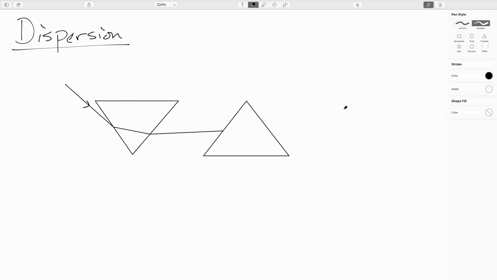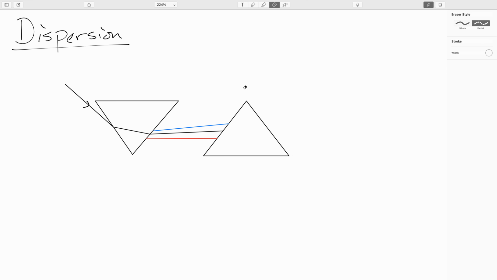Now, coming out, you notice that it's no longer just pure white light, but you've got this spread of colors here. You've got the blues up here and the reds down here, and then they pass it through the next prism.